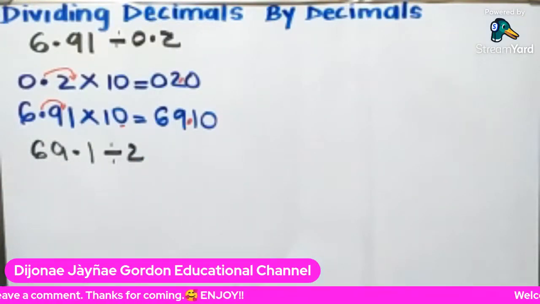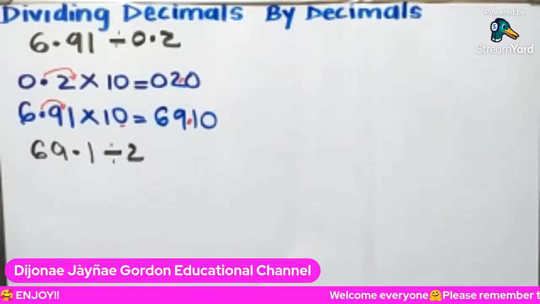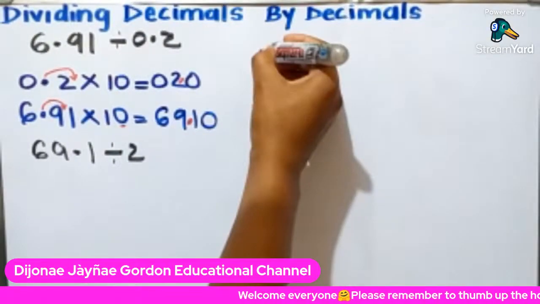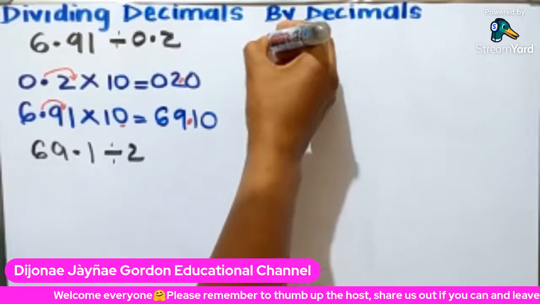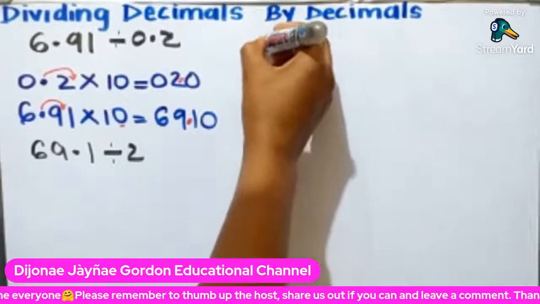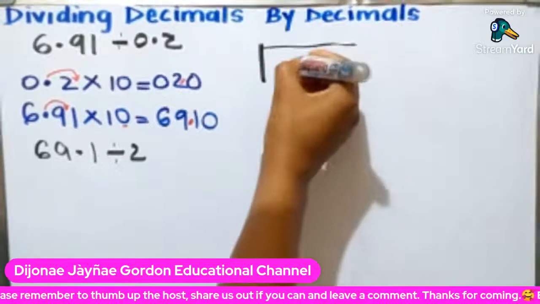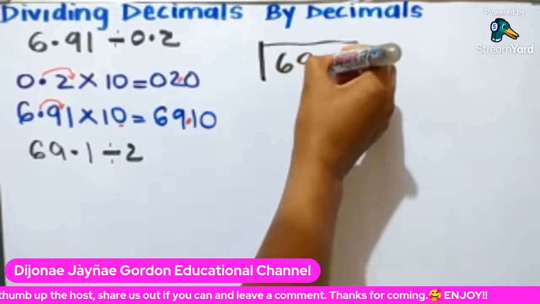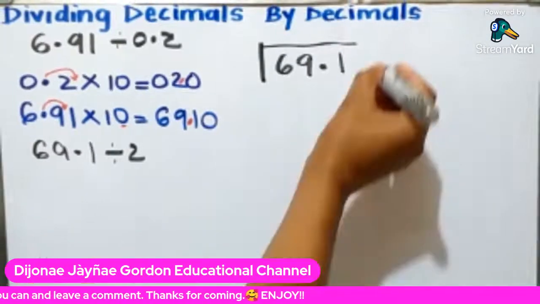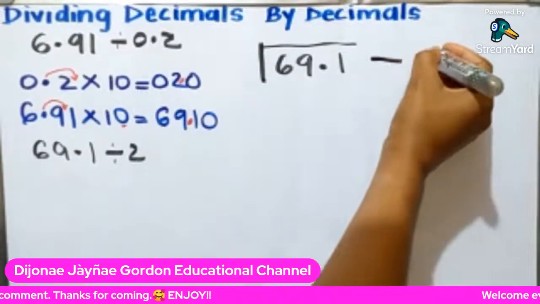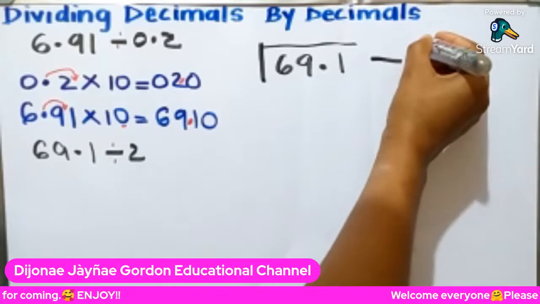So now we're going to go right ahead and work this problem. First, you have to set out your problem. I'm going to set the problem out. 69.1 is, of course, your dividend. Let me write it right here.